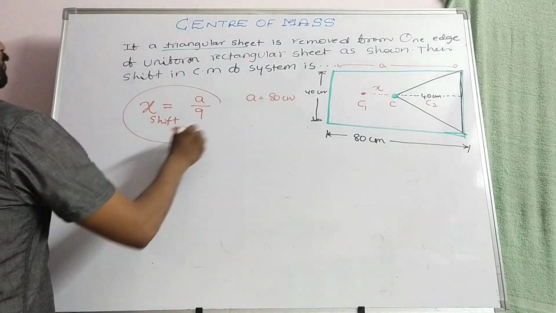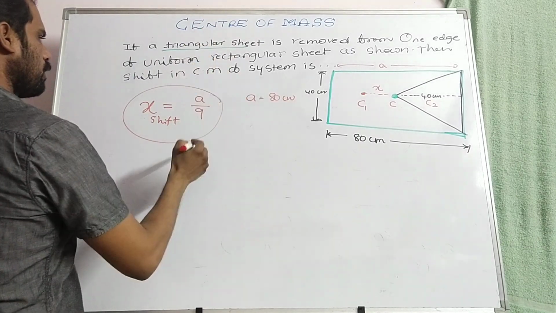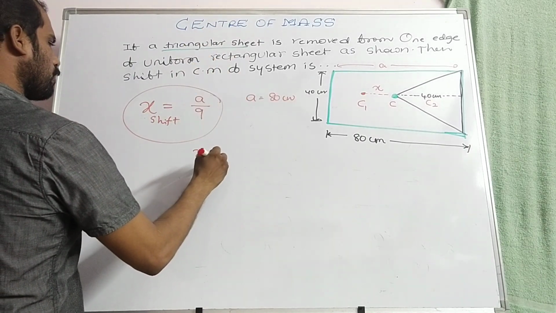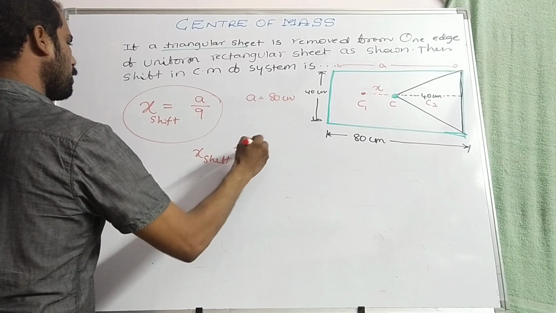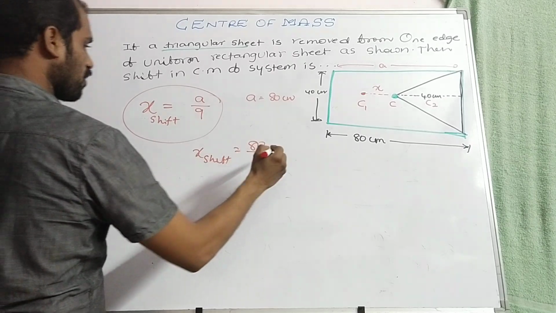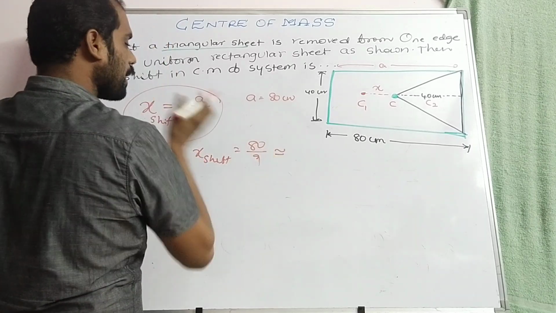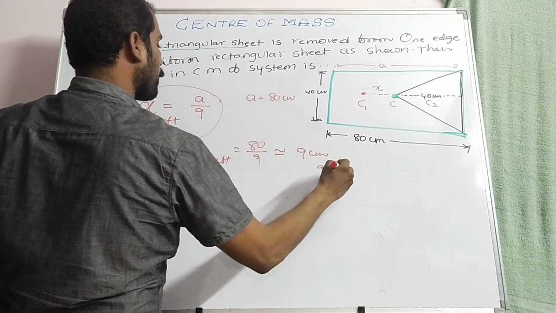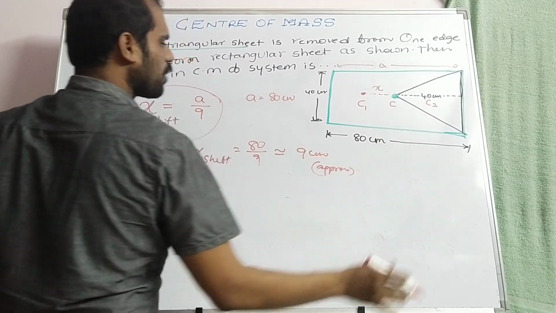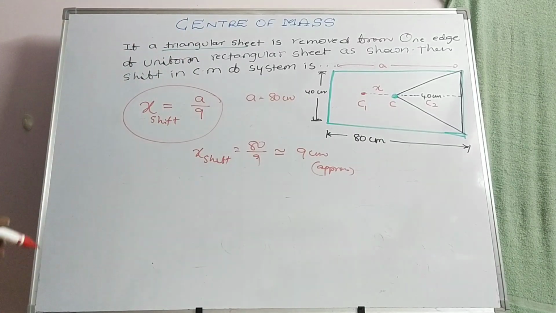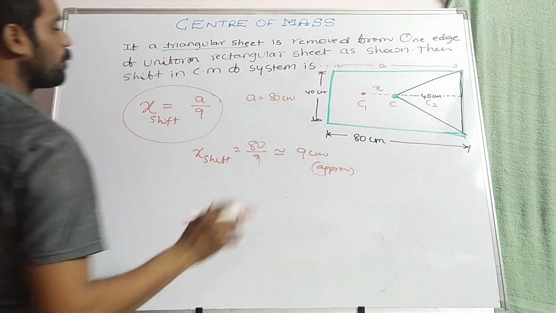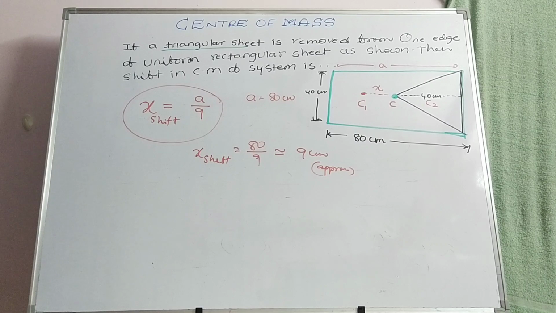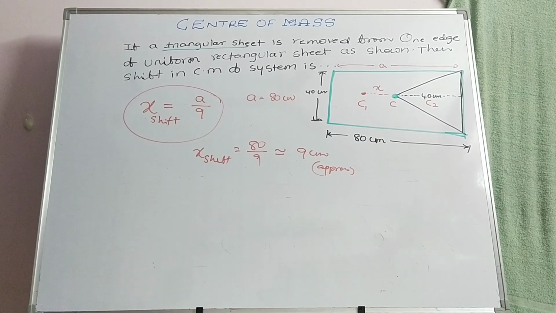This is the formula we have to use in this case. So X shift is equal to 80 by 9, that is approximately 9, since 9 nines are 81, so 9 centimeter approximately, or else 8.9 something. But in the options given, it is 9 centimeter only. So X shift is equal to 80 by 9 we have to take.